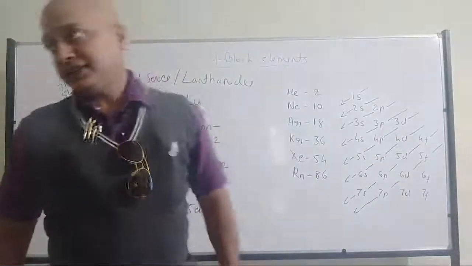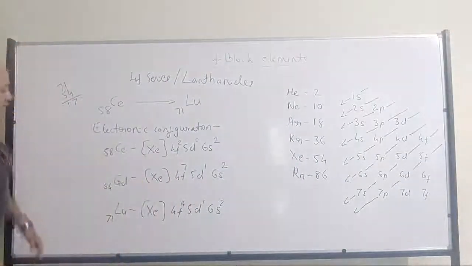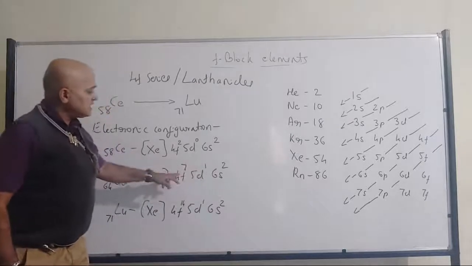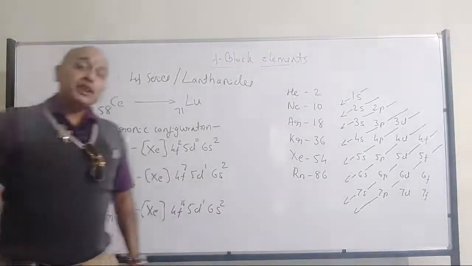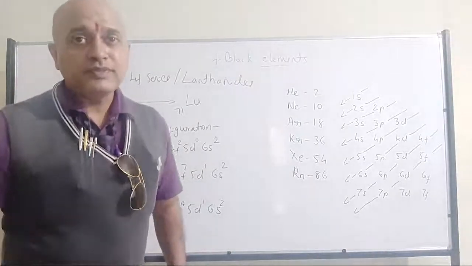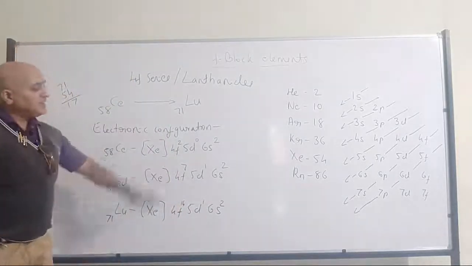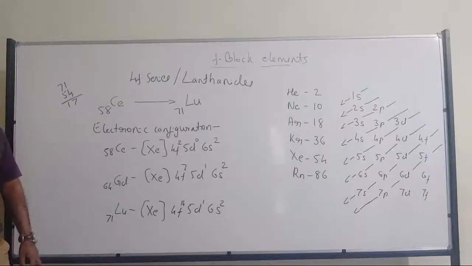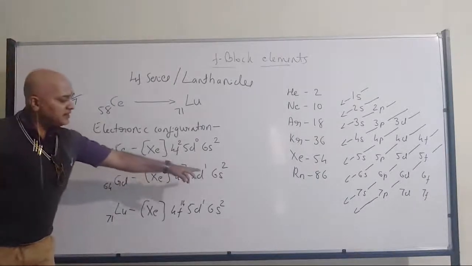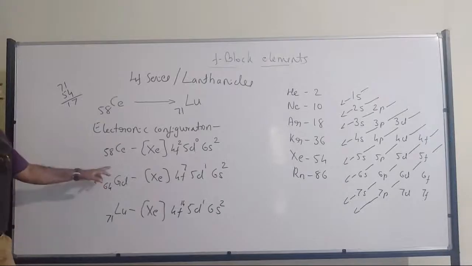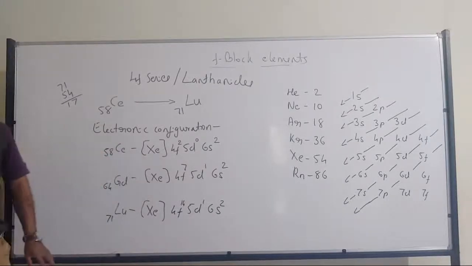If it is 63, since the difference is only two electrons, it can also have 4f7 to attain the half-filled configuration, so it would be 4f7, 6s2. There will be no electron in the d subshell because it's 63; that many electrons are not there.